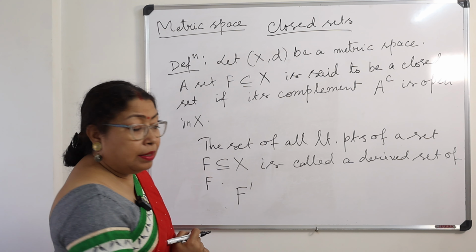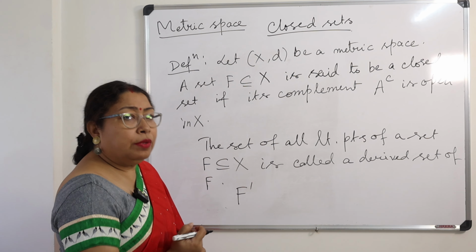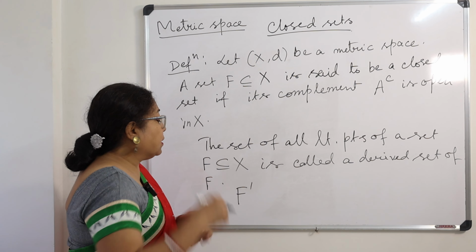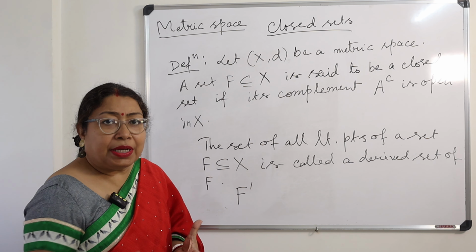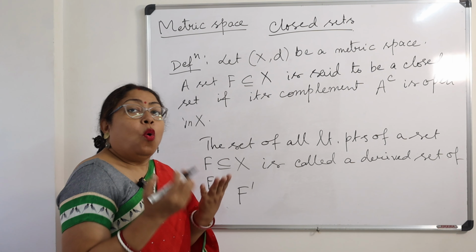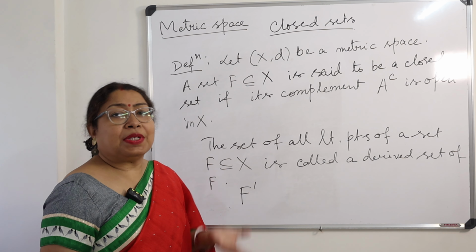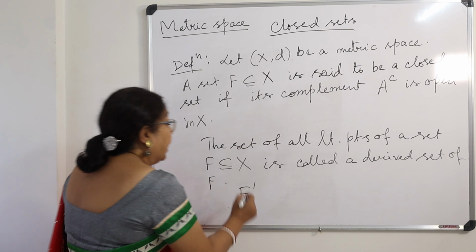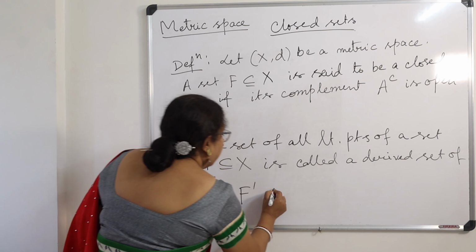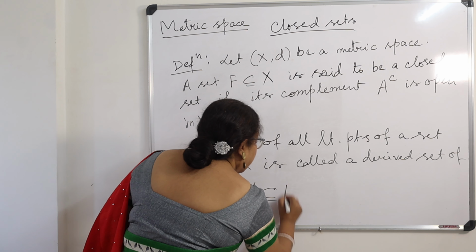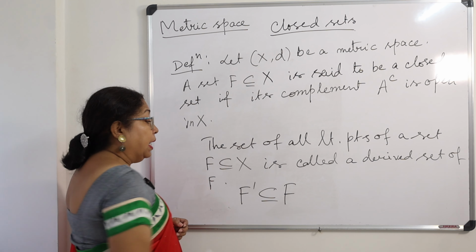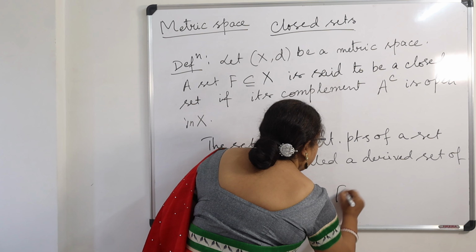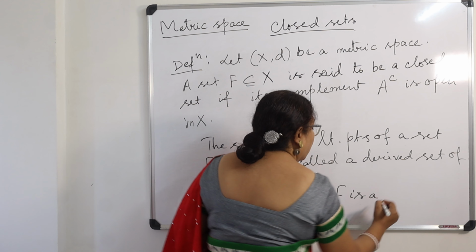From our discussion, you know that F dash may or may not be a subset of F. Now, if F dash is a subset of F, then we say that F is a closed set.